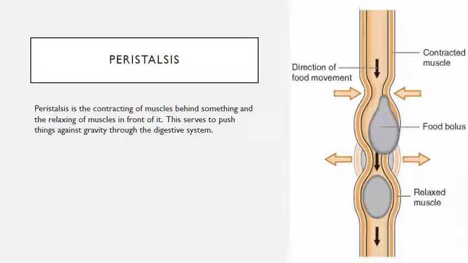You can start at the bolus at the top. One set of muscles squeezes, and it pushes it down. If you've ever tried to squeeze something through a tube, it's the same idea. You're squeezing on behind it, and then the front of it's opening up. So squeeze, squeeze, squeeze. This is not moving down your throat due to gravity. It's all muscle contractions.